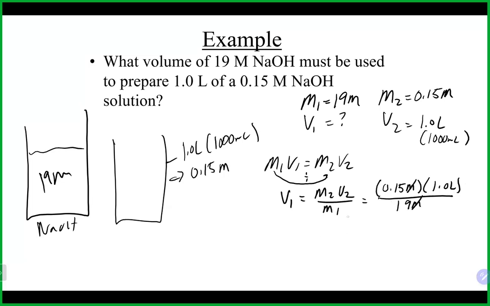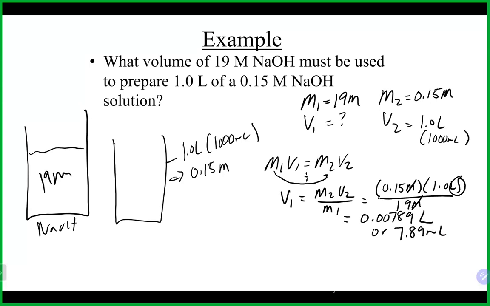Molarity here is going to cancel. That's going to get me 0.00789, and these are liters, again, because I left this in liters. And just to give me an easier number to look at, I'm going to go with 7.89 milliliters in this case.